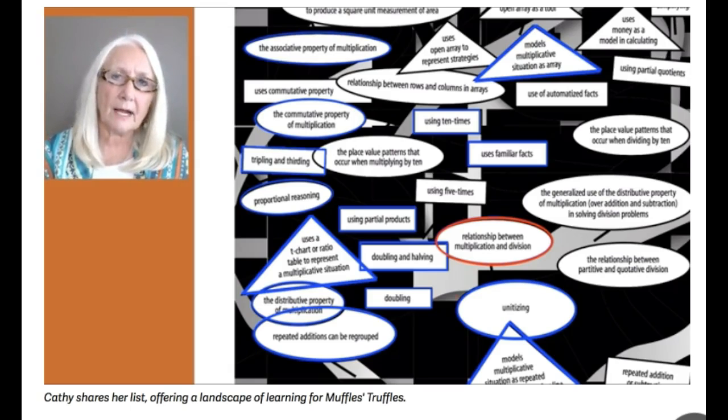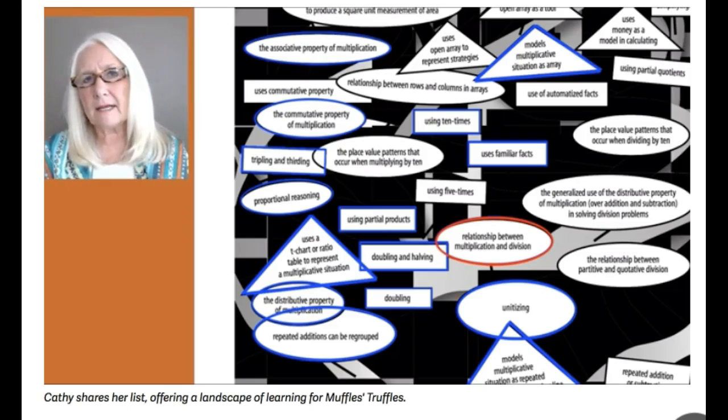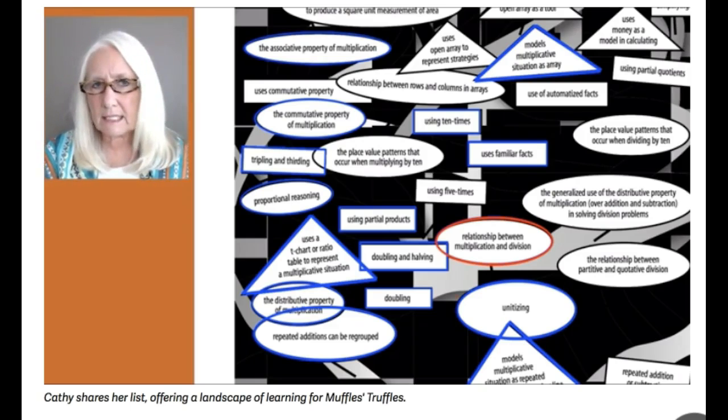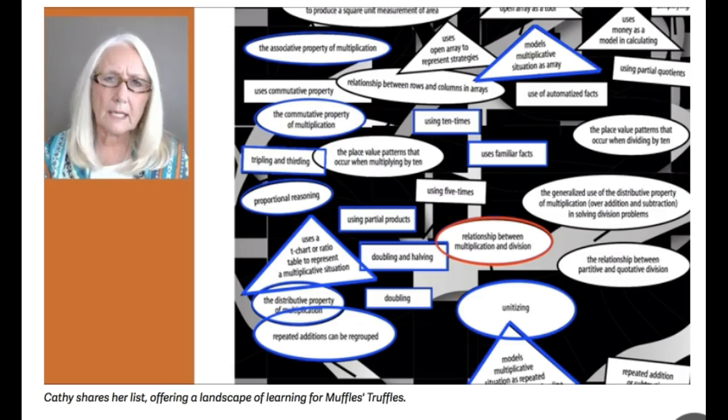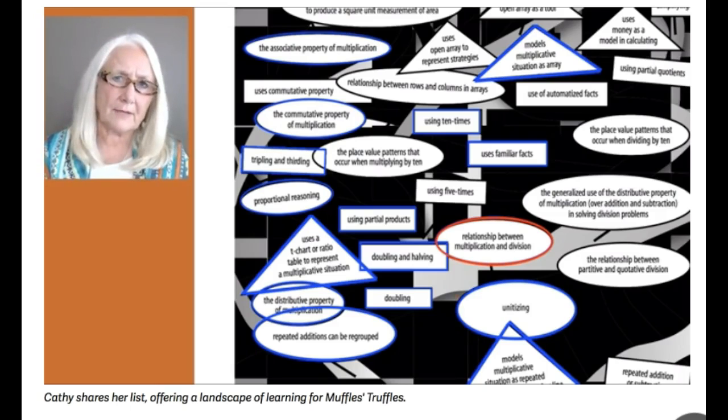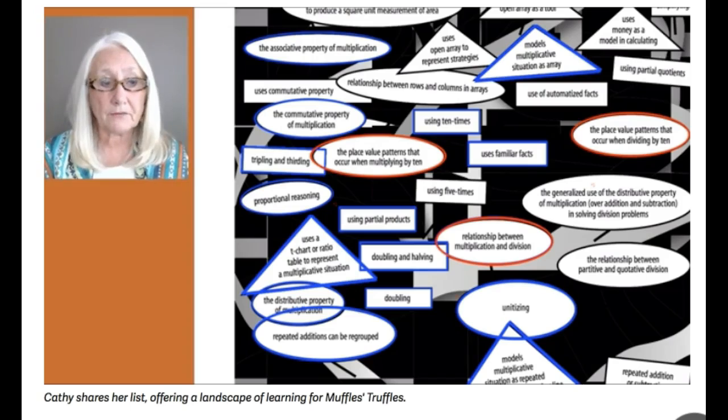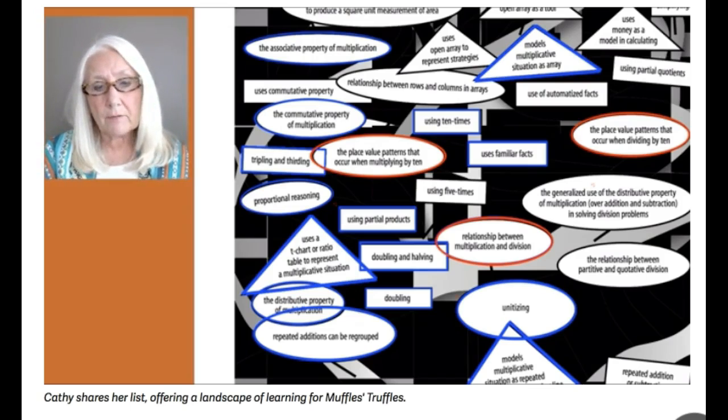They're just trying to figure out how many boxes of 10 are needed for 218 truffles. But as they work on this investigation, they also begin to notice the patterns of multiplication by 10 and division by 10, the place value patterns that occur. The commutative property is the big idea related to why those patterns are occurring.